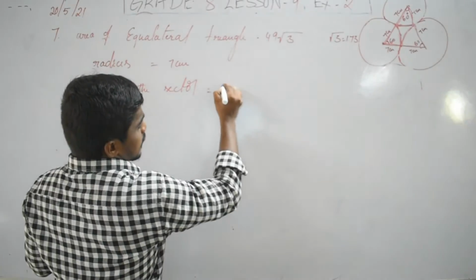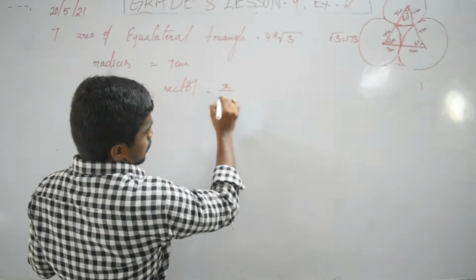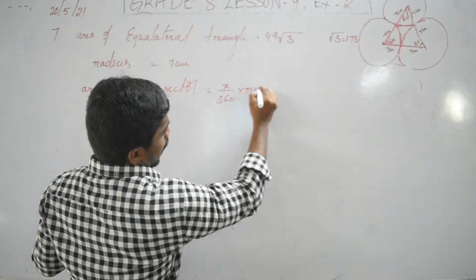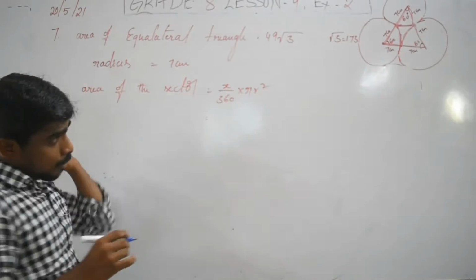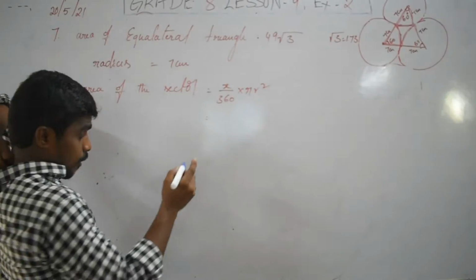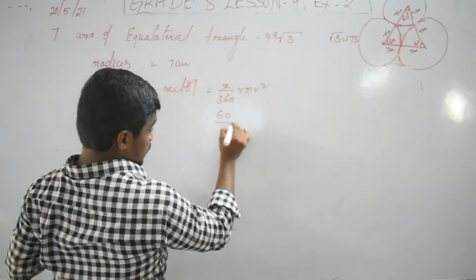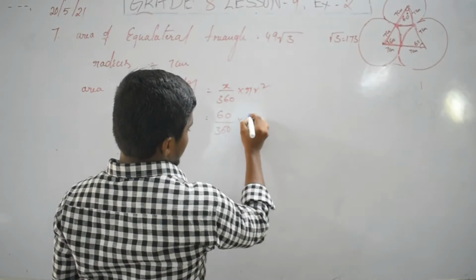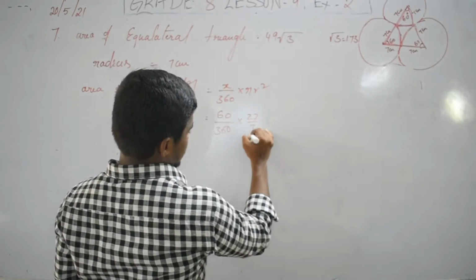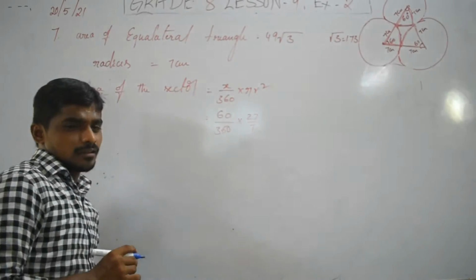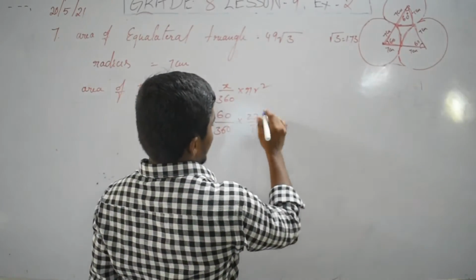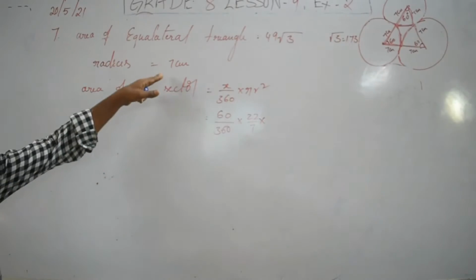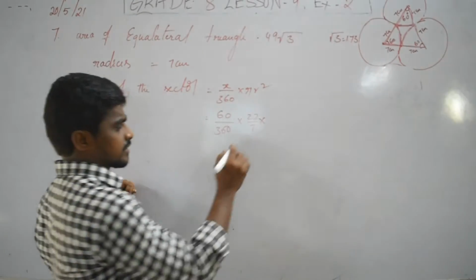So x by 360 times pi r square. We know x value is 60. 60 by 360 times pi value 22 by 7. The pi value is constant, 22 by 7. The radius we know is 7.